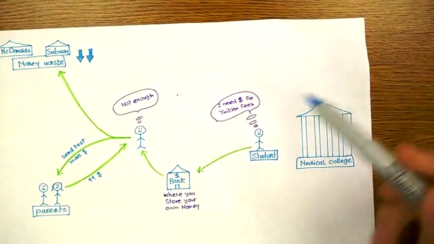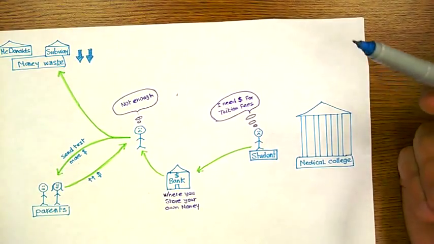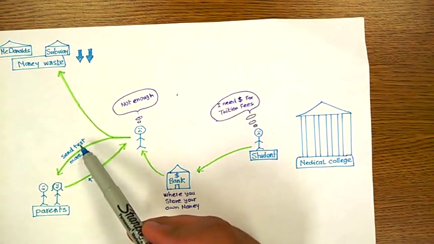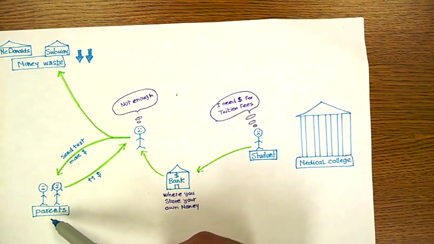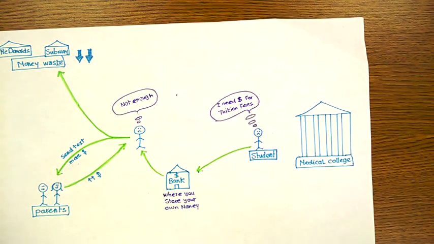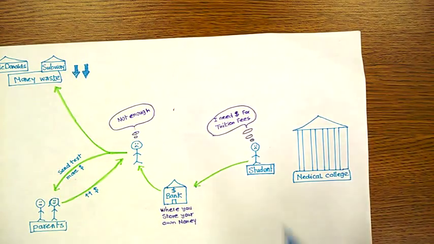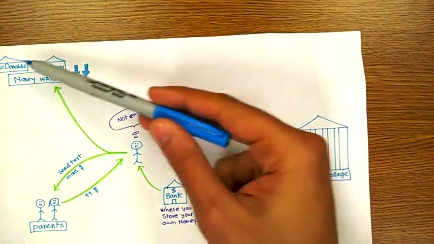But he is still confused and sad because that money is not enough. So he sent a text to his parents asking for more money, and he also decided to reduce wasting his money on fast food.